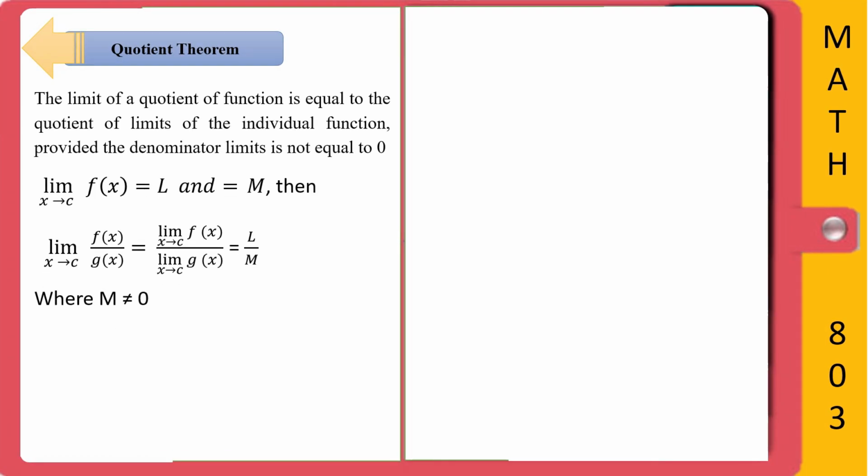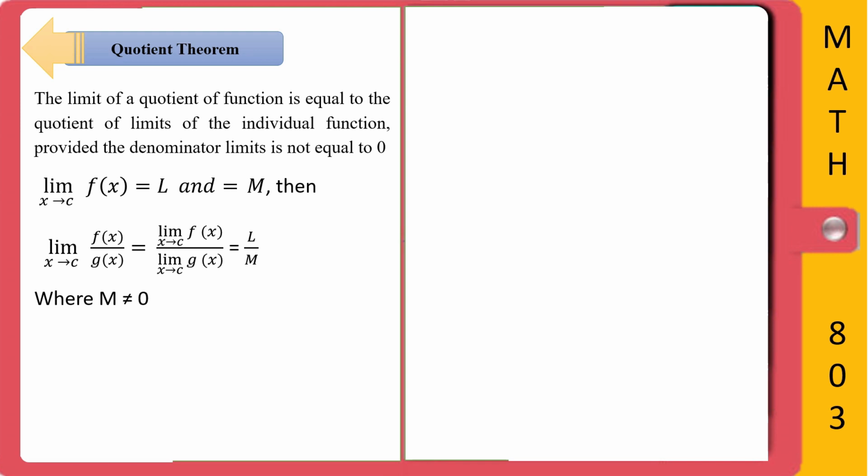The next theorem is the quotient theorem. So the limit of a quotient of functions is equal to the quotient of the limits of the individual functions, provided that the denominator's limit is not equal to 0. Suppose we have the limit of f of x as x approaches c is equal to L, and the limit of g of x as x approaches c is equal to m.